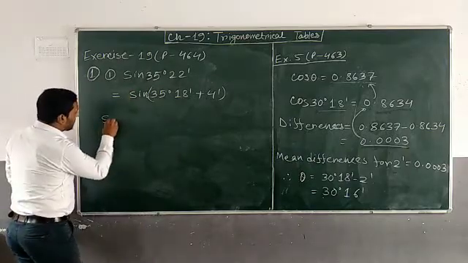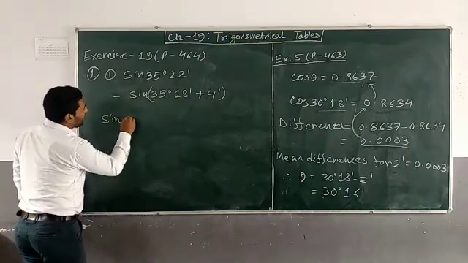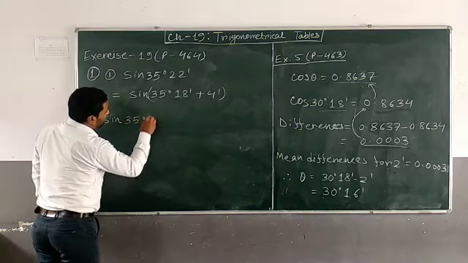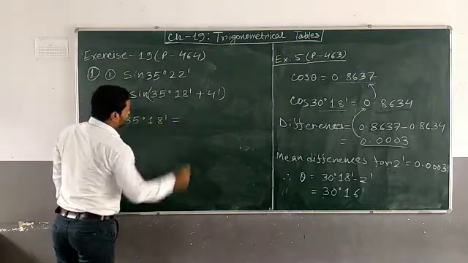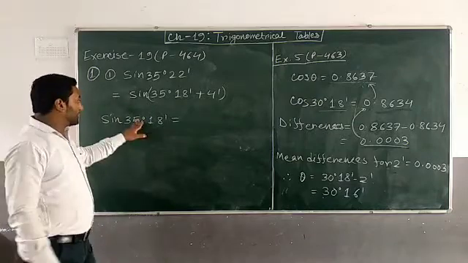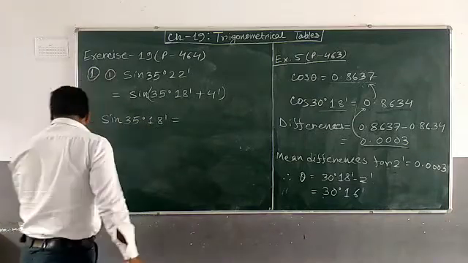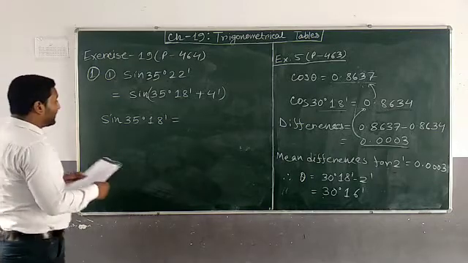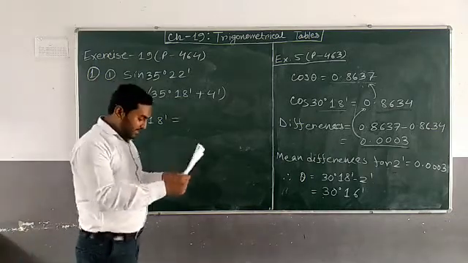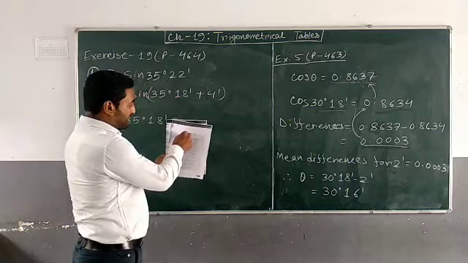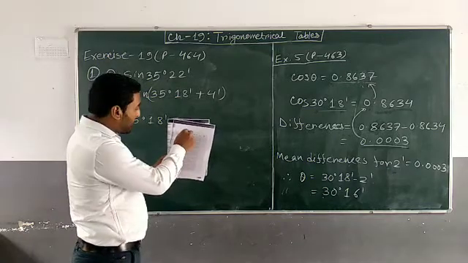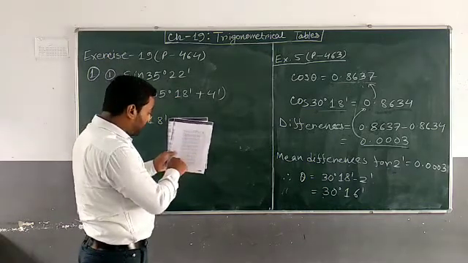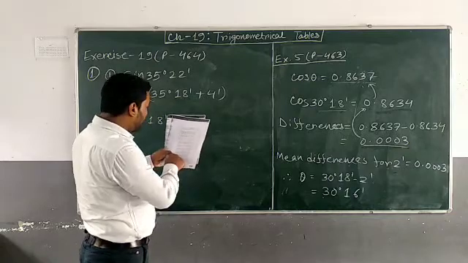Sine 35 degree 18 minutes is equal to, you have to see this value from the table. So see the table: 35 degree 18 minutes. 35 degree means the extreme left column, and then 18 minutes.